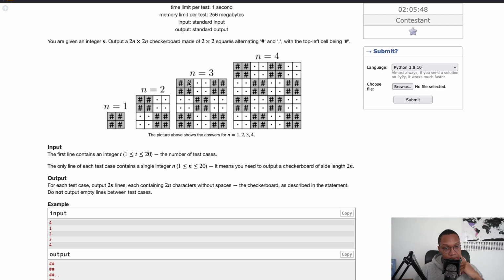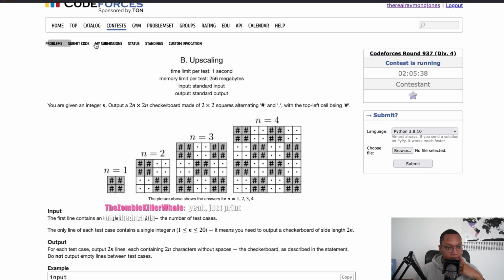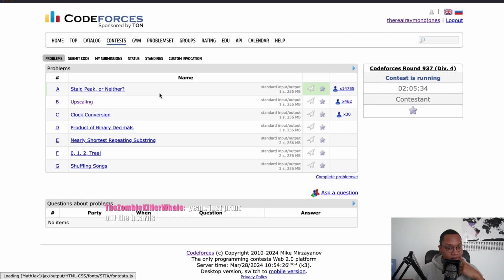And it's three, then you draw, empty, draw. Just print out the boards. That's weird. Okay, I don't think I'm going to do it. Oh, it tells you how many people solved it too. That's cool.